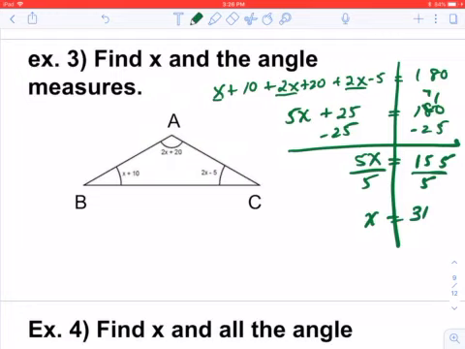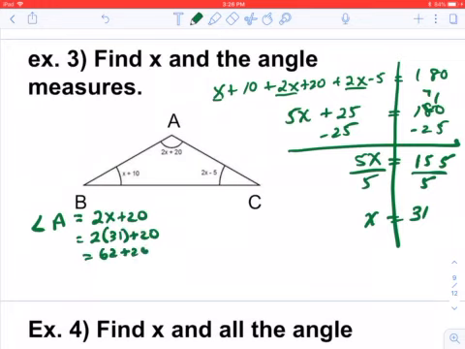So if x is 31, then angle A is going to be equal to 2x plus 20, which is equal to 2 times 31 plus 20, which is equal to 62 plus 20, which equals 82 degrees.